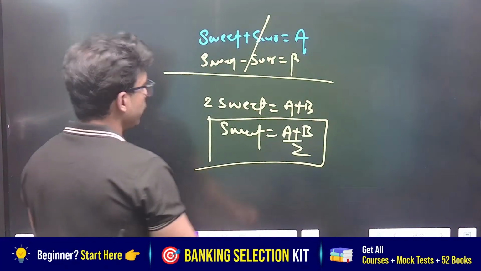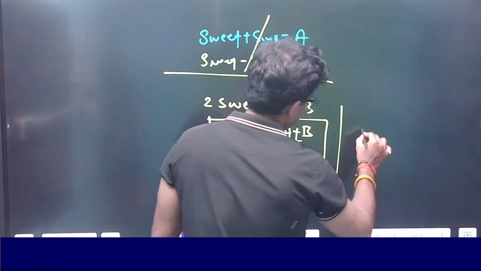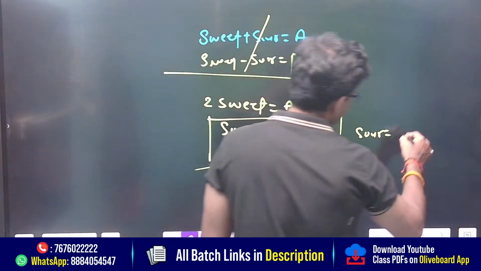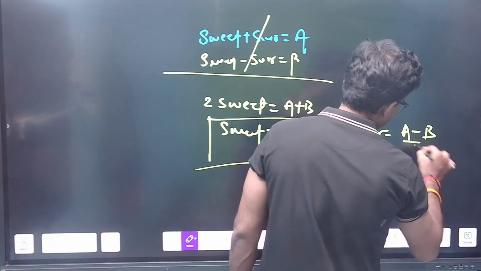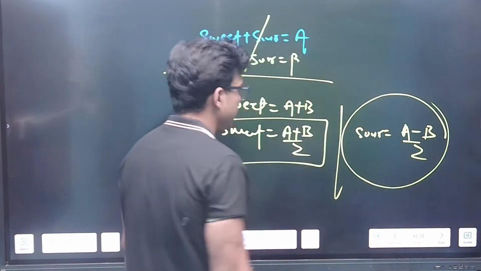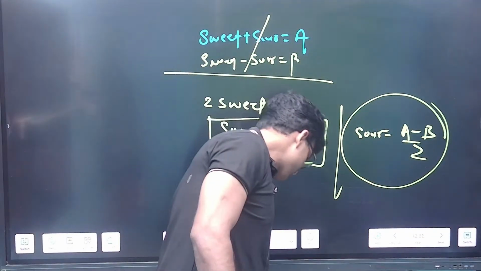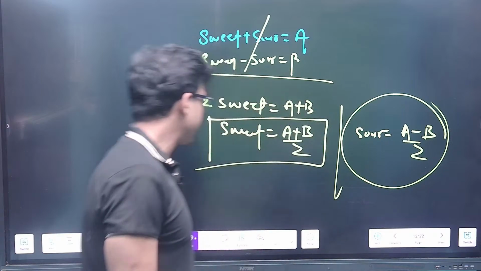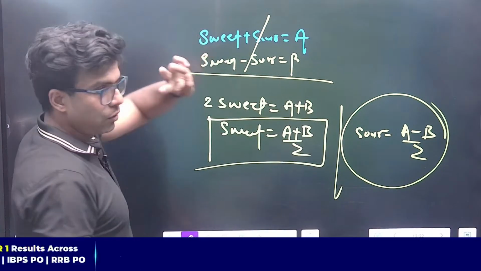Now if you want to go for sour, just subtract, (A minus B) by 2. Then you'll get individual sour. Is it clear? Again I am saying what I said. There were 2 graphs shown.